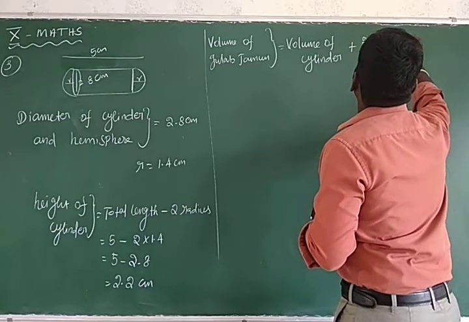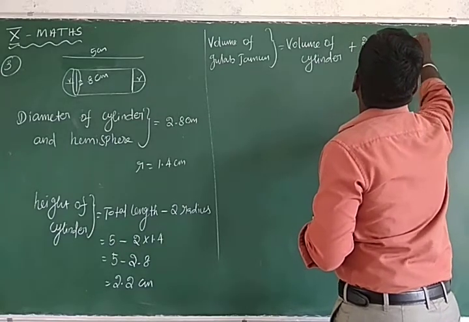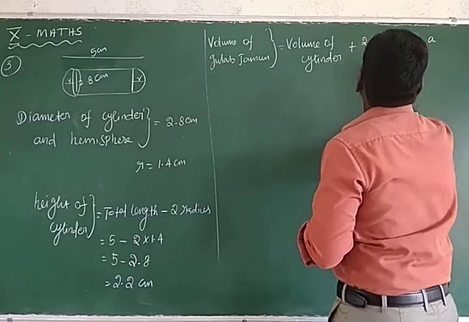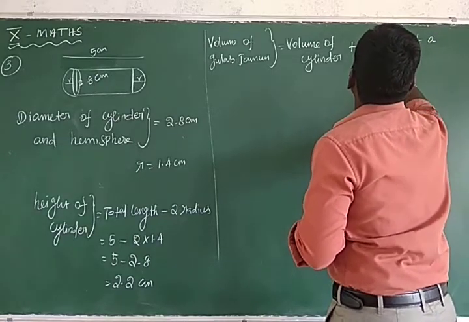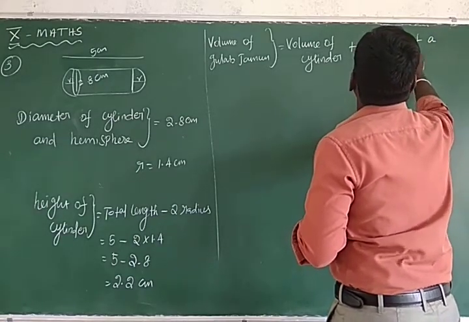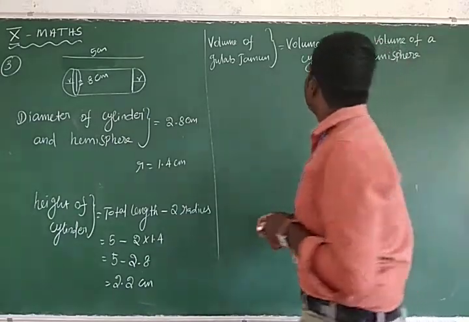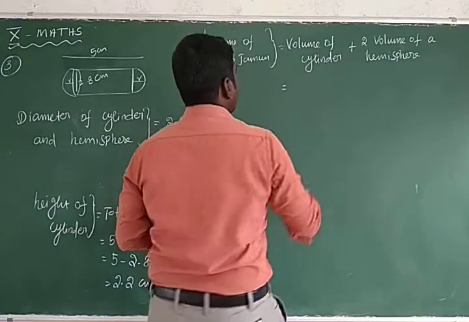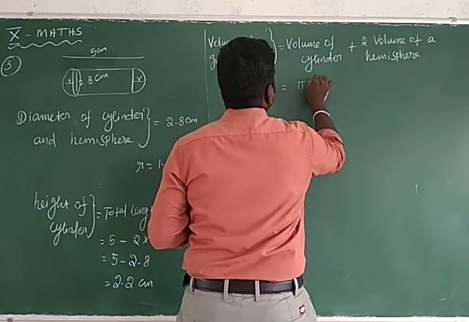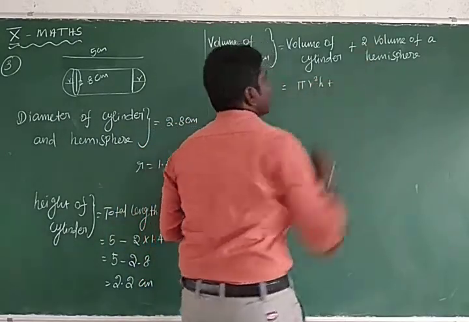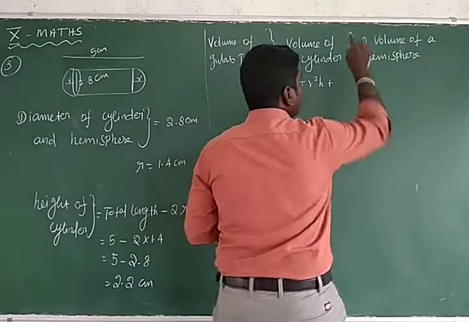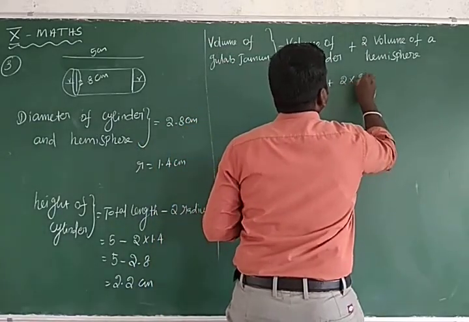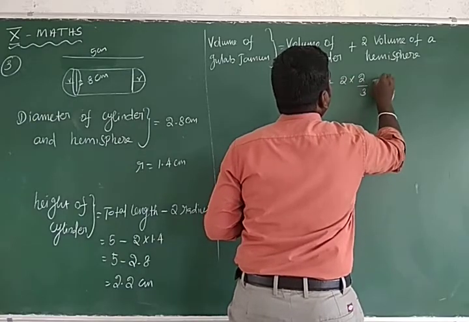The volume of cylinder formula is pi r square h, plus 2 times the volume of hemisphere, 2 into 2 by 3 pi r cube.